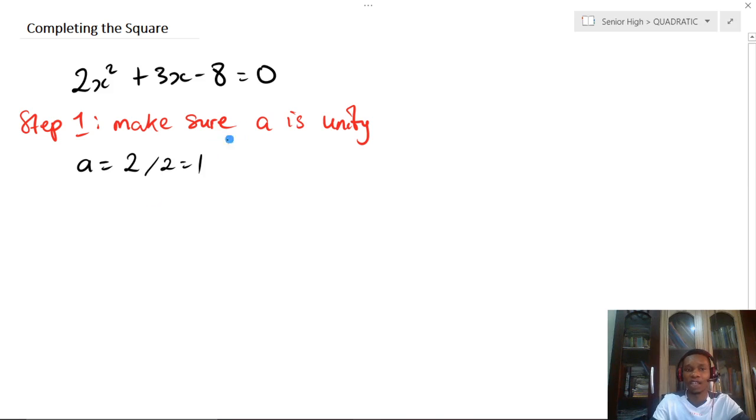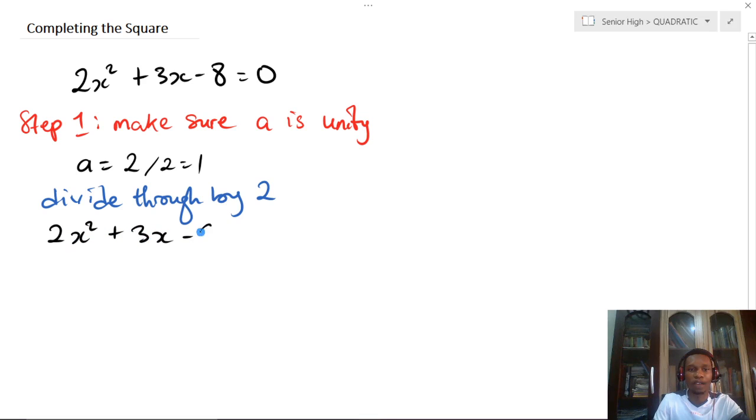So how do we make sure that A is unity? We divide through. So I can say let us divide through by 2. So that will be 2x squared plus 3x minus 8 is equal to 0, and then we divide through by 2, divided by 2, divided by 2, divided by 2.